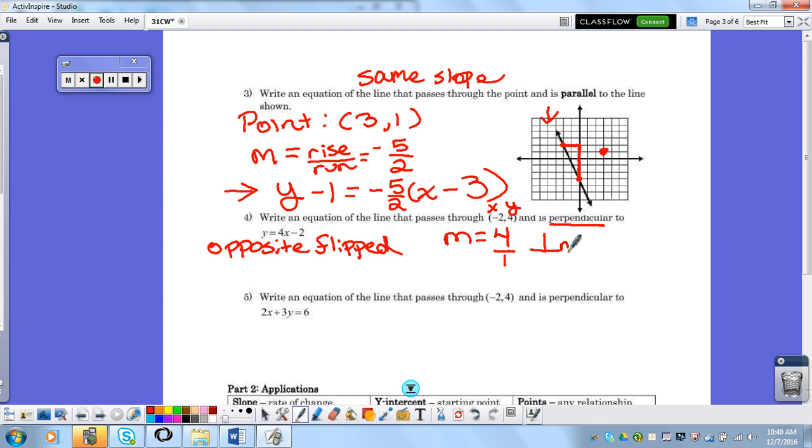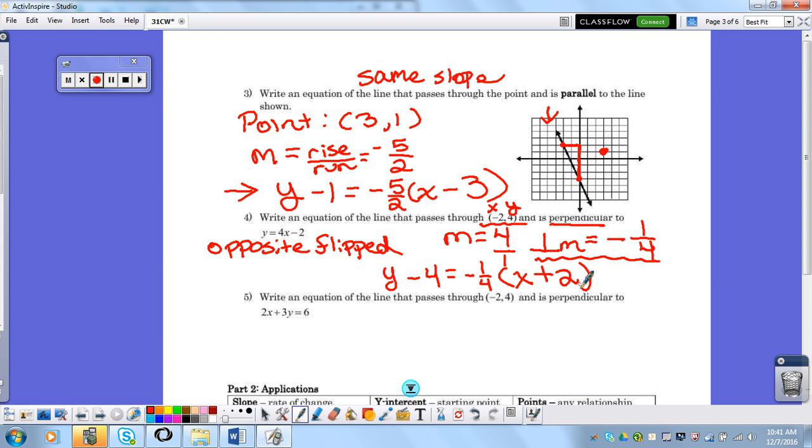Perpendicular, the symbol I just drew means perpendicular. Okay, the slope would be opposite. If it's a positive, it becomes a negative. Flip it, it's going to be 1 over 4. So I have a slope. I have the point. So which one is it going to be? Point slope. So y minus 4 is equal to negative 1/4, parentheses, x. Since it's negative, do the opposite, and that's it.